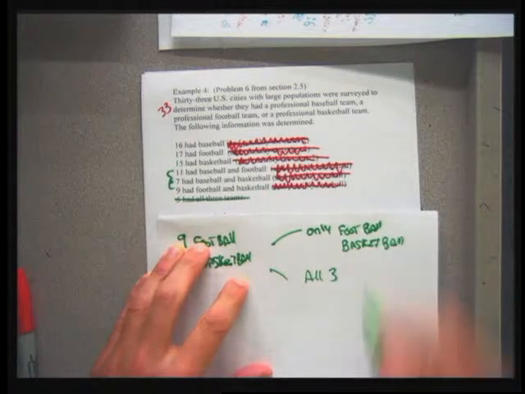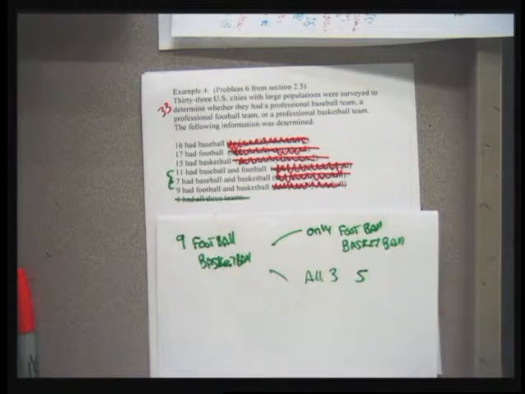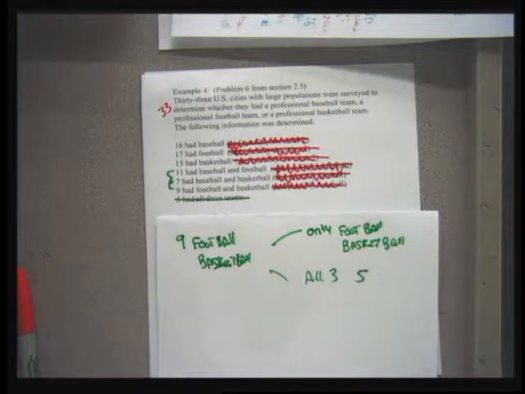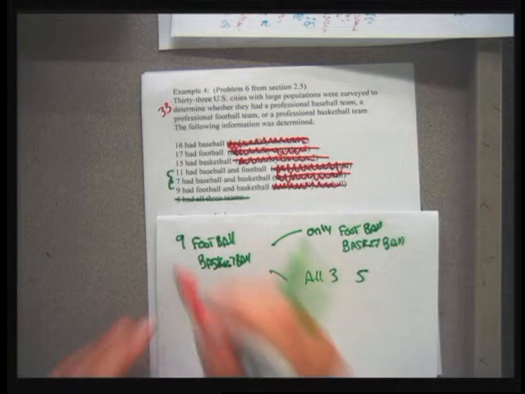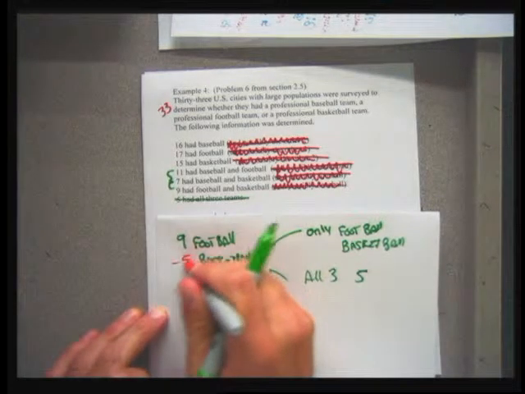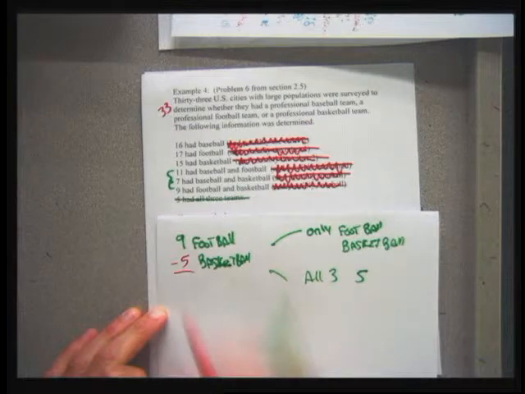And I know how many have all 3. 5 have all 3. So it's not the case that there were 9 cities that have only football and basketball. It's actually only 4, because of the 9 cities that have football and basketball, 5 of them also have baseball.